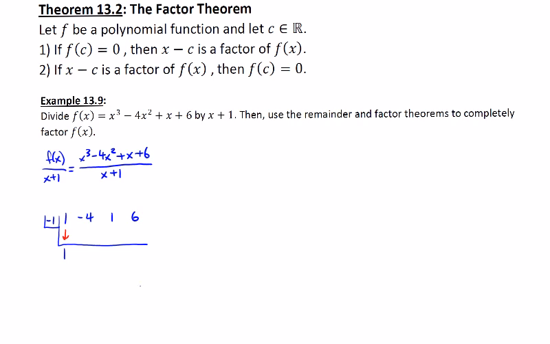So -1 times 1 gives us -1. -4 plus -1 will be -5. -1 times -5 will be +5. 1 plus 5 will be 6. And then -1 times 6 will be -6. Then I add that last bit together and I end up with 0.